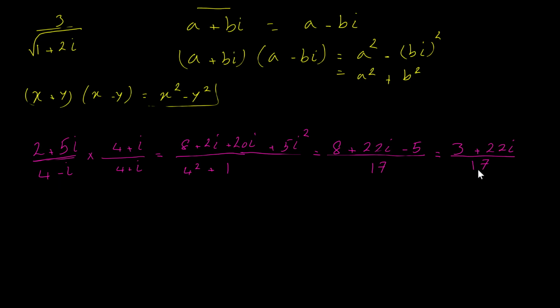But we still have a fraction and it's not in the standard form. So what we can do, we can divide both parts by 17 and write it as 3 divided by 17 plus 22 over 17i. And that is in the standard form of the complex numbers.